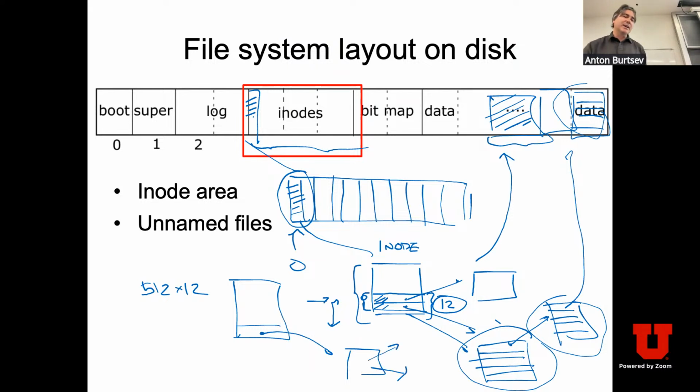Right here, they make a convention saying, okay, we want to strike a balance between small and big files, and the first 11 elements will be direct pointers, and the last one will be a pointer to a tree, right?